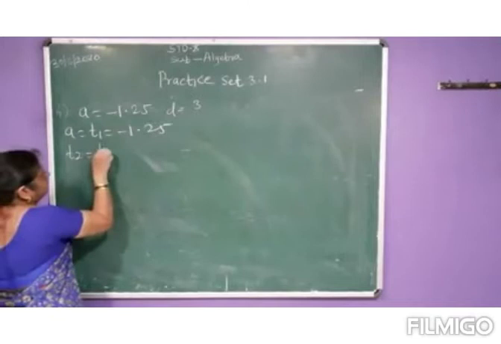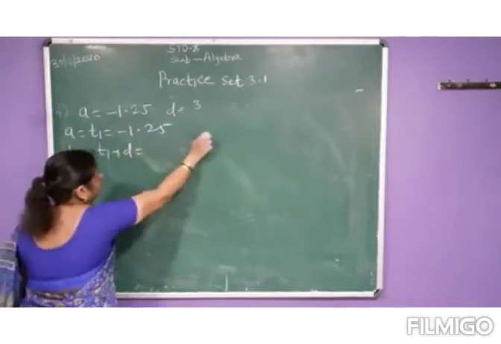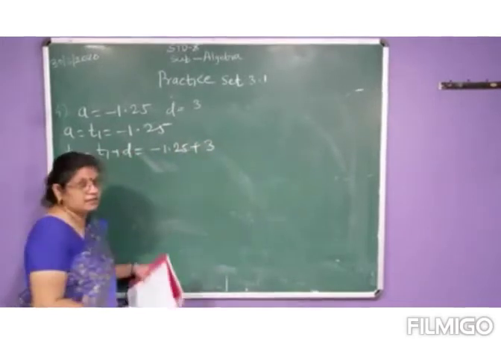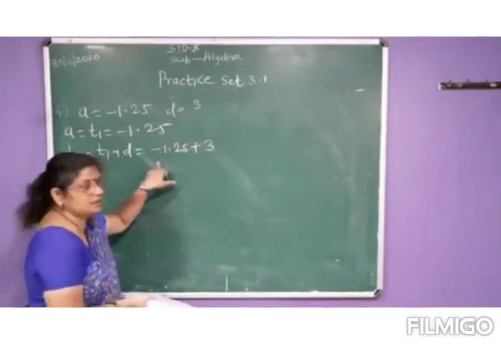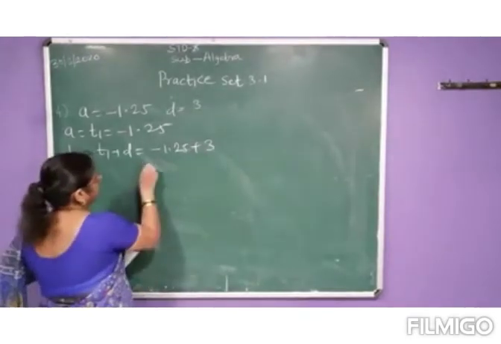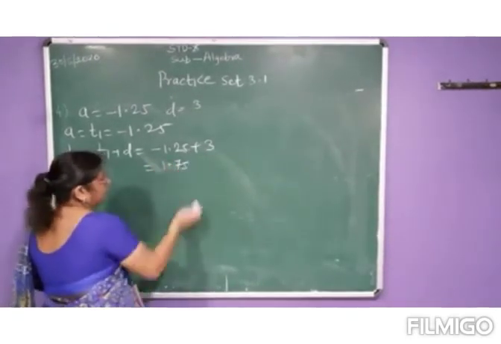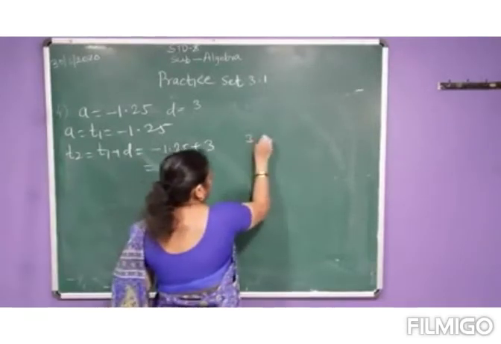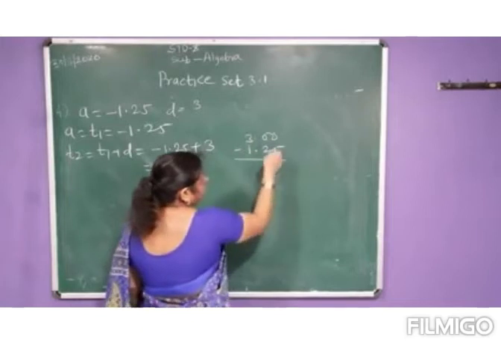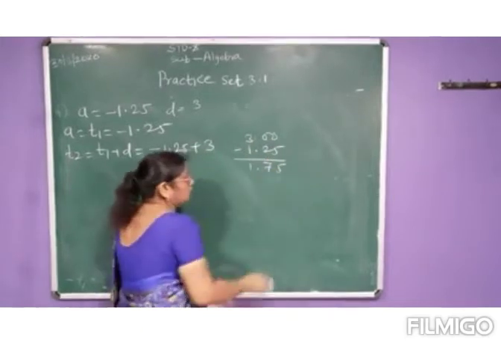T2 is equal to T1 plus D, now minus 1.25 plus 3. That means what you have to do? 3 minus 1.25. If you do that, what answer will you get? 1.75. 3 minus 1.25, this you know how to do. Okay, so what answer will you get?